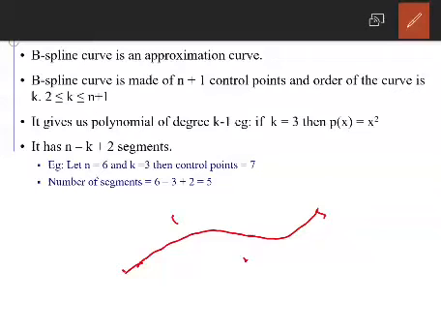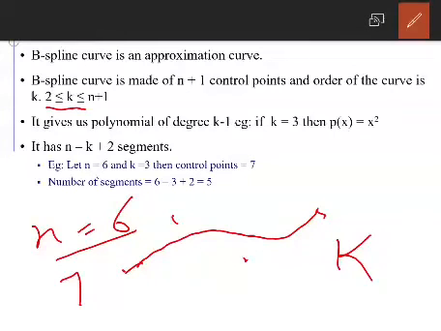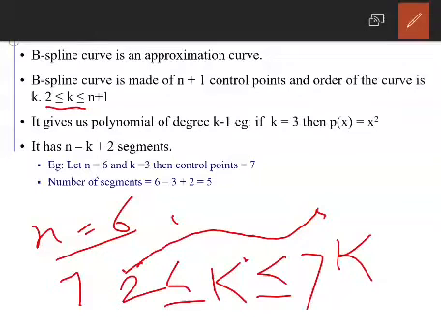The B-spline curve is made up of n plus 1 control points and the order of the curve is k. So here the order does not depend upon the control points, it is another value k. This k is greater than or equal to 2 and less than or equal to n plus 1. If we consider n equal to 6, there are 7 control points for this B-spline curve, so k is greater than or equal to 2 and less than or equal to 7.